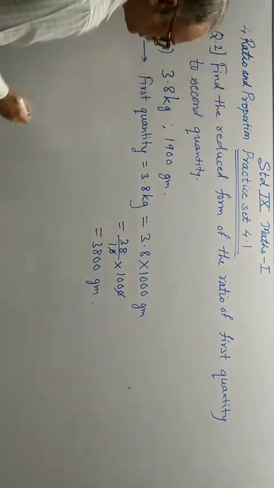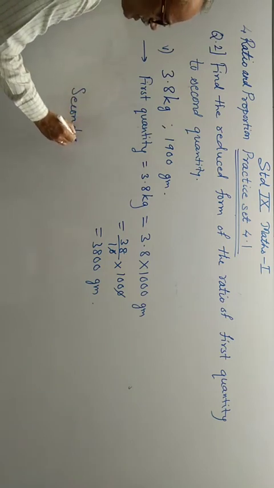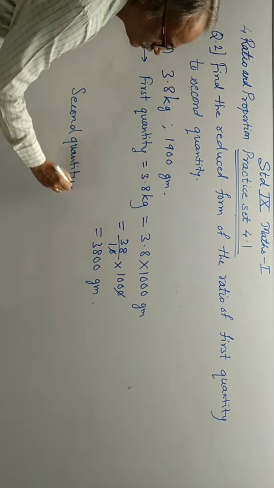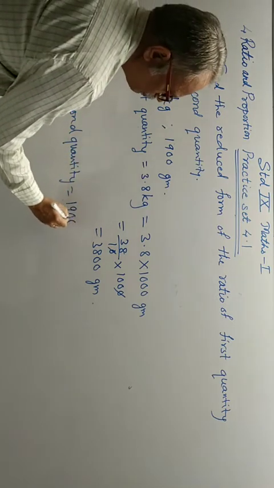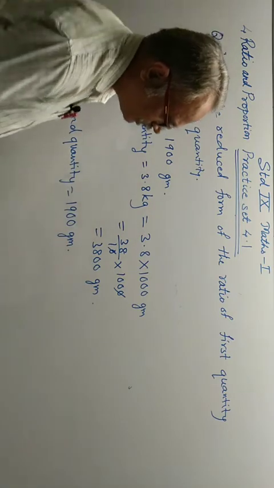And the second quantity is 1900 gram. Now both are in grams. Then we have to take the ratio.